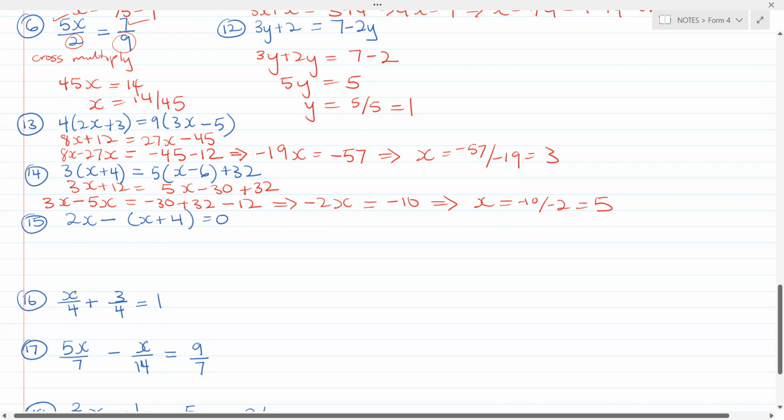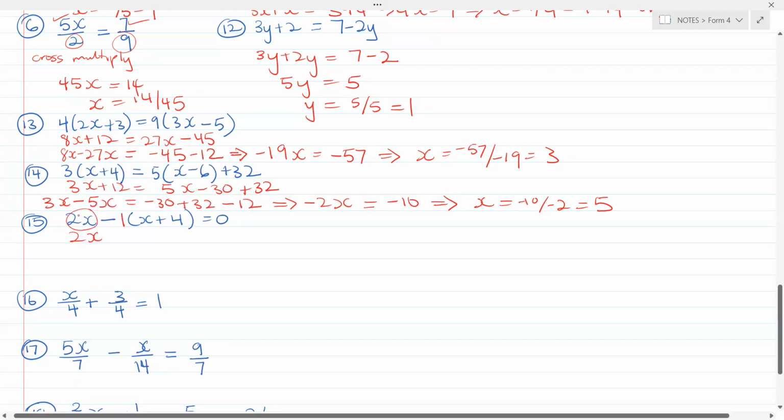Okay, number 15, 2x minus (x minus 4) is equal to 0. Remember, if you see 2x minus something in brackets, that means this entire thing has to be subtracted. So x and 4 are both subjected to the negative sign. It's like we have a negative 1 there, which we have to distribute now.